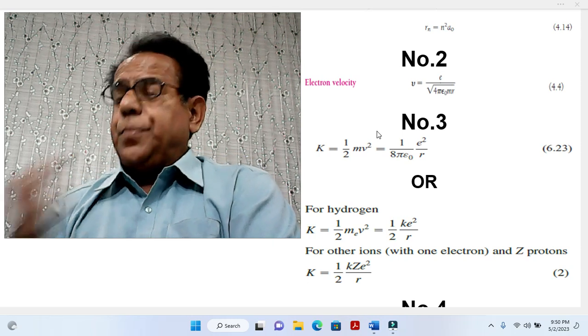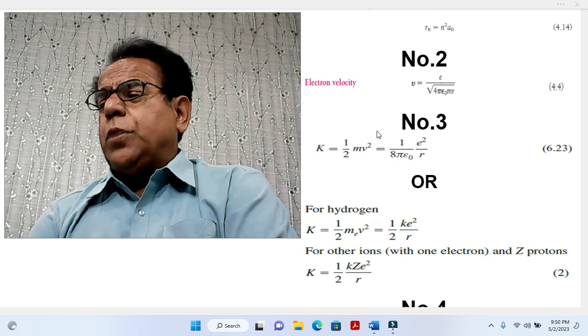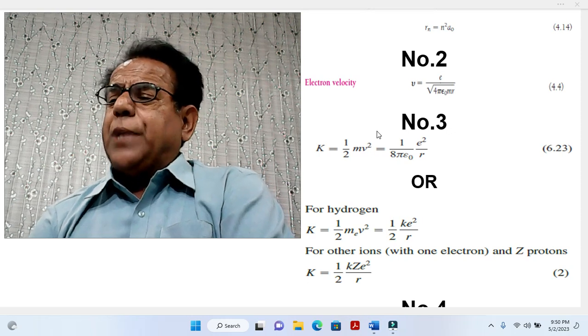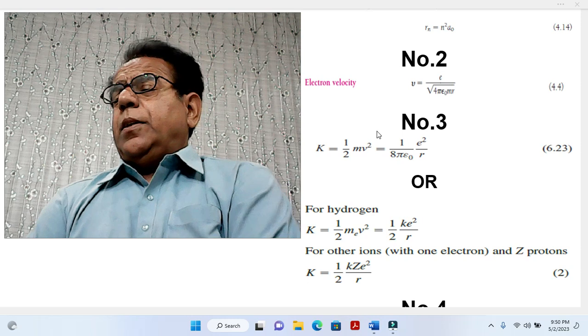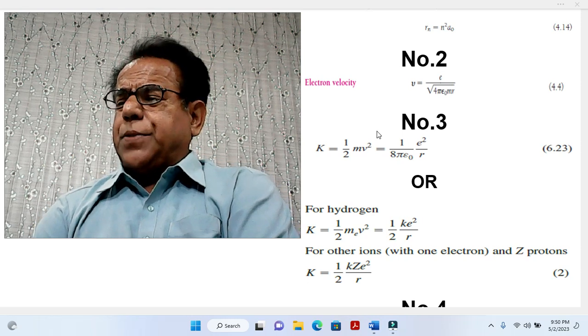But it is just our discretion whether we use 4 pi epsilon naught or we use small k in place of it. So I think about electron velocity it is enough.